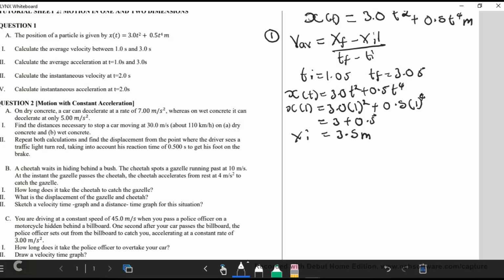So how are we going to find the final displacement? Now we will replace t with 3, wherever there's t, you replace with 3. So remember that you have 2 here squared.